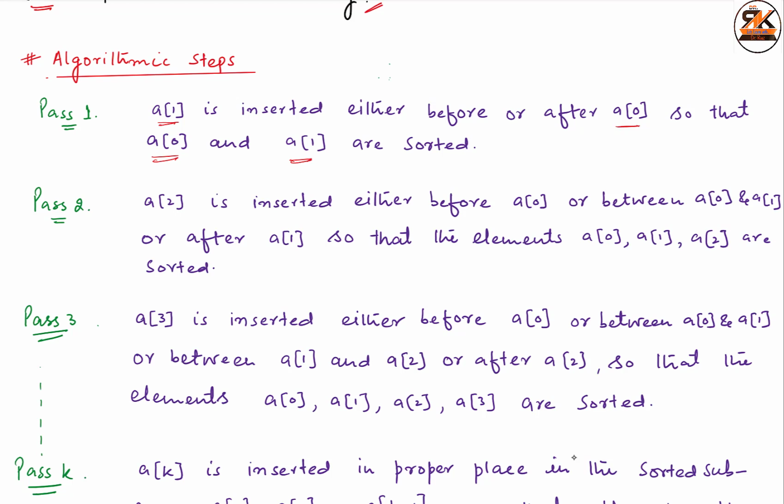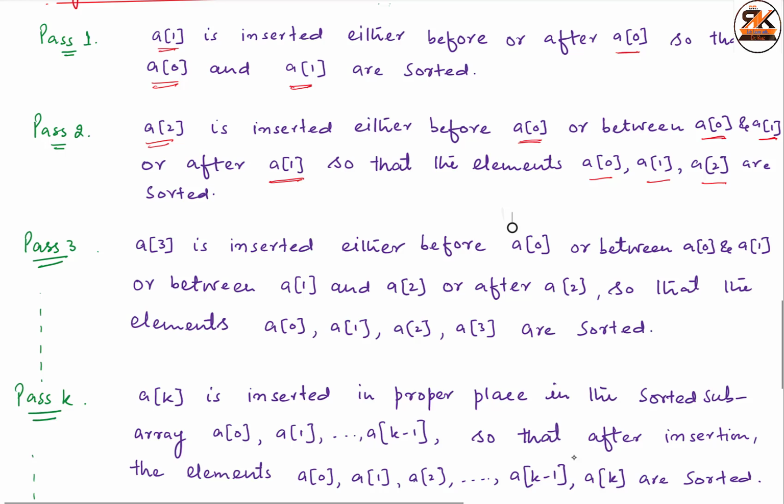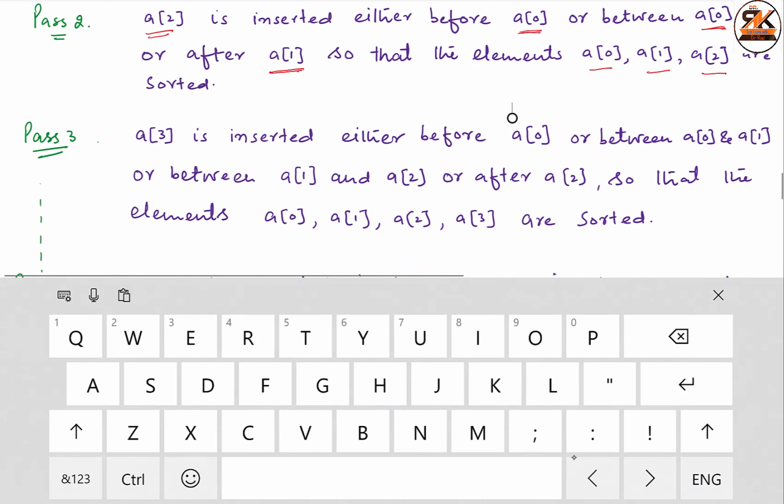Then we take the other element, a2. A2 is inserted either before a0, or between a0 and a1, or after a1, so that the elements a0, a1, a2 are sorted. This is all what we have already done through the example.